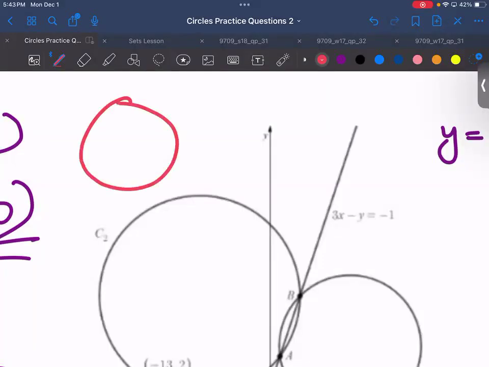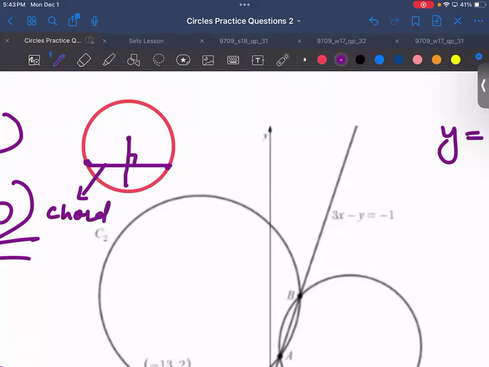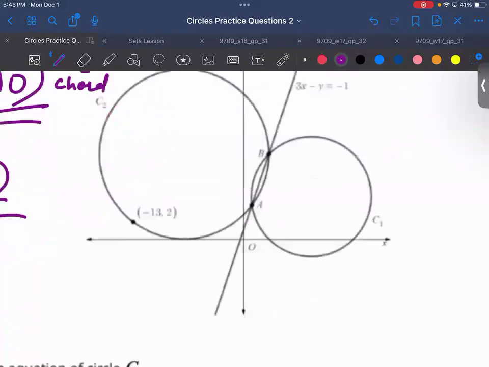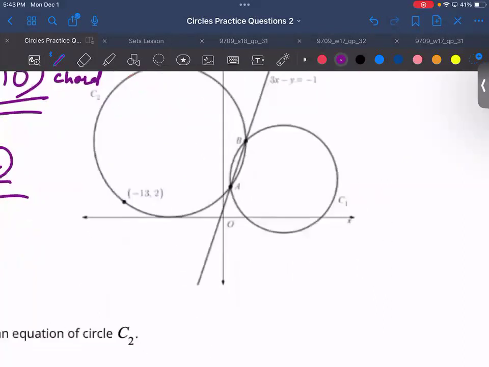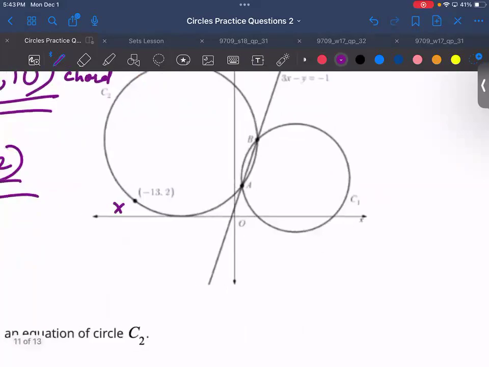Remember that if you have a circle, and you have 2 points on the circumference, any 2 points with the center, they make a perpendicular line. This chord always makes a perpendicular line with the center. Okay, the call to prayer is going on. I'm just trying to explain this without saying anything. Okay, let's say this is a point.